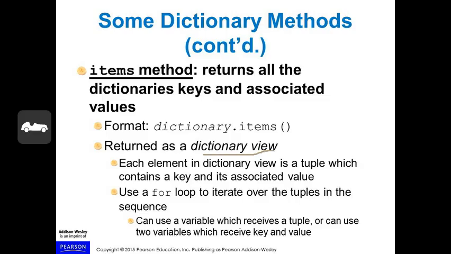And each tuple contains a key and its associated value. You can use a for loop to iterate over the tuples in the sequence. And you can use either one variable, which receives a tuple, or you can use two variables, which receive the key and value.